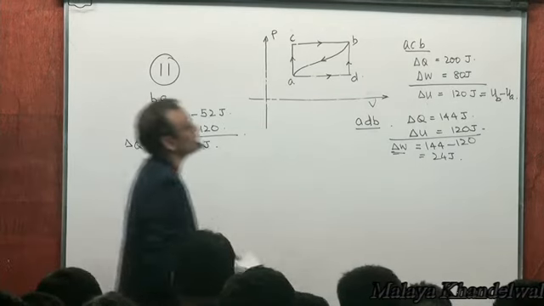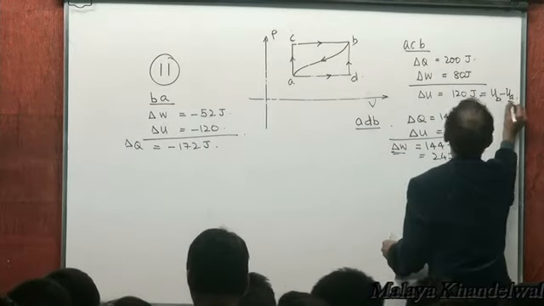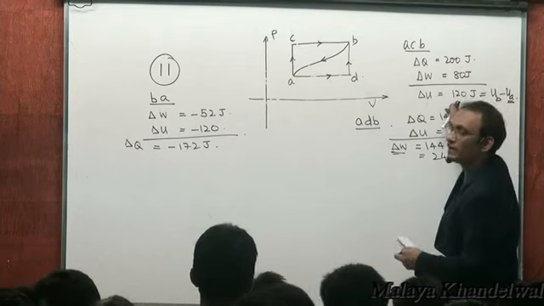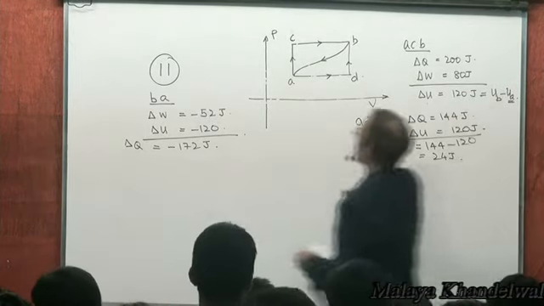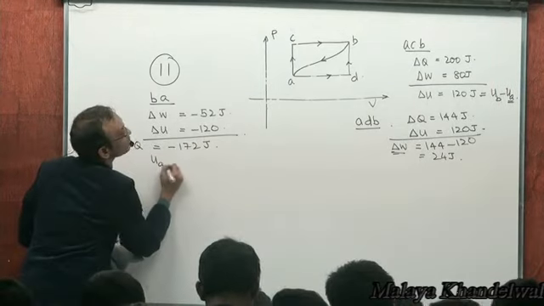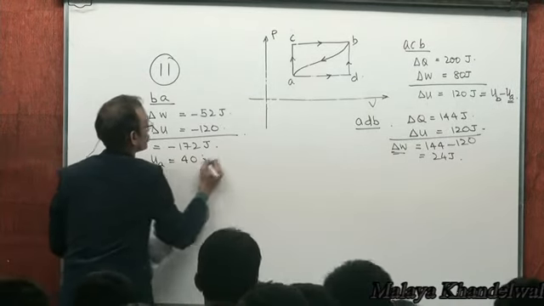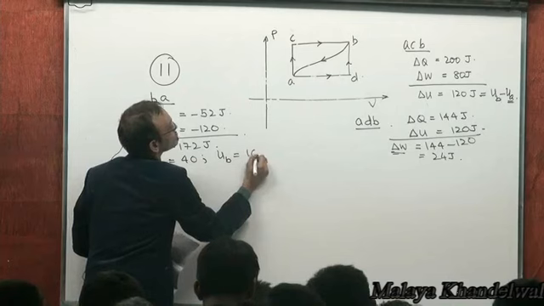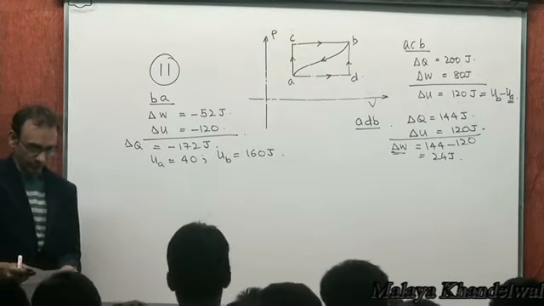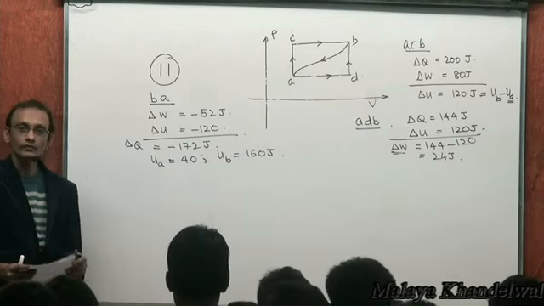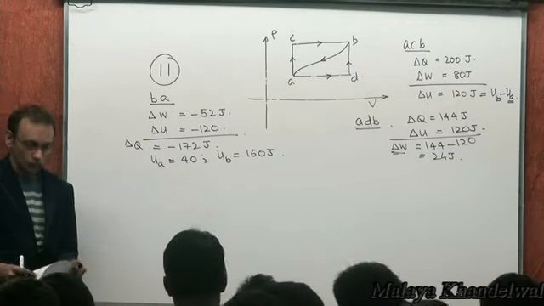If UA is 40 joules, UB must be 160 joules. UB minus UA. So, if UA is 40 joules, UB must be 160 joules. That's internal energy. Yes or no?